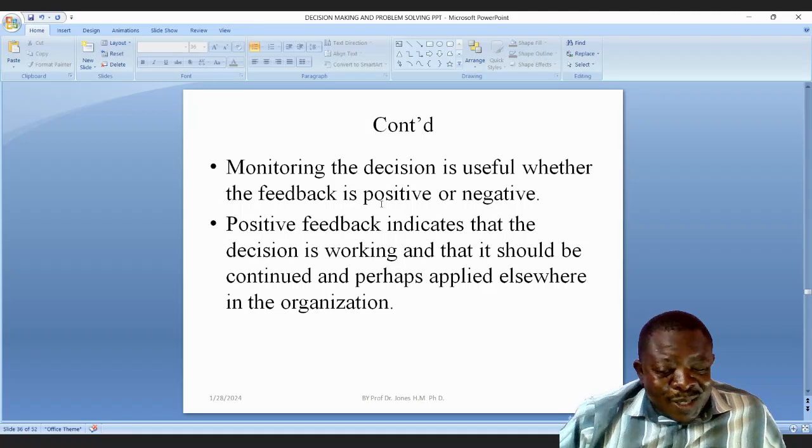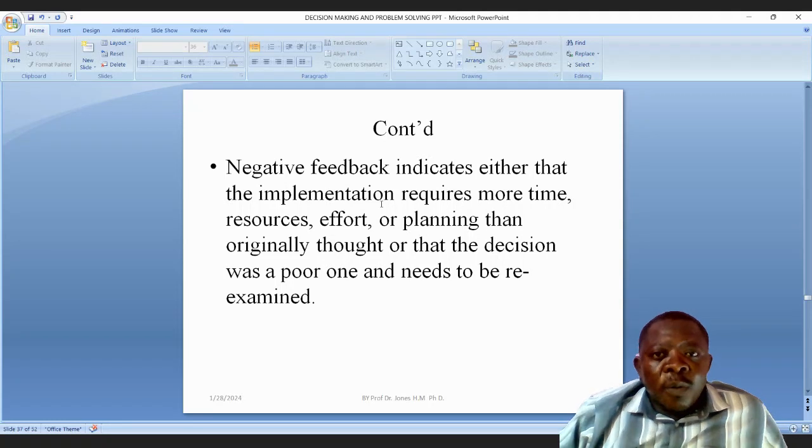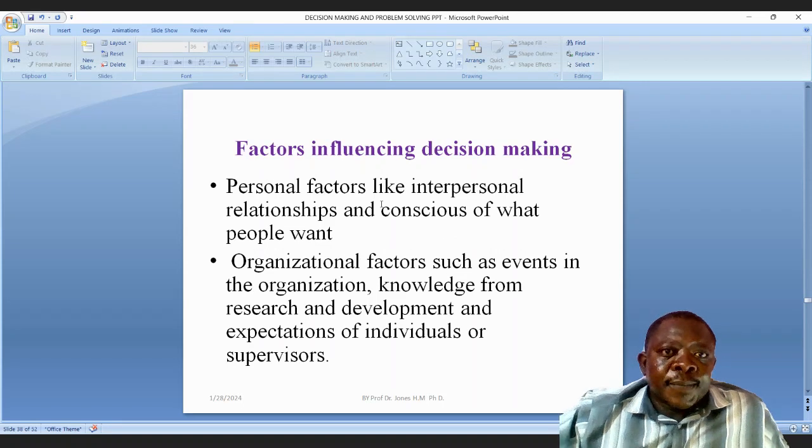So that is when you have positive feedback. Then negative feedback will indicate either that the implementation requires more time, resources, effort, or planning than originally thought, or that the decision was a poor one and needs to be re-examined. So that is what negative feedback may indicate.